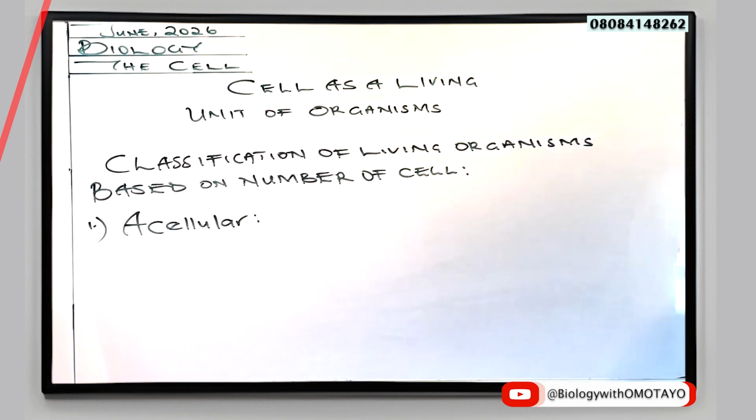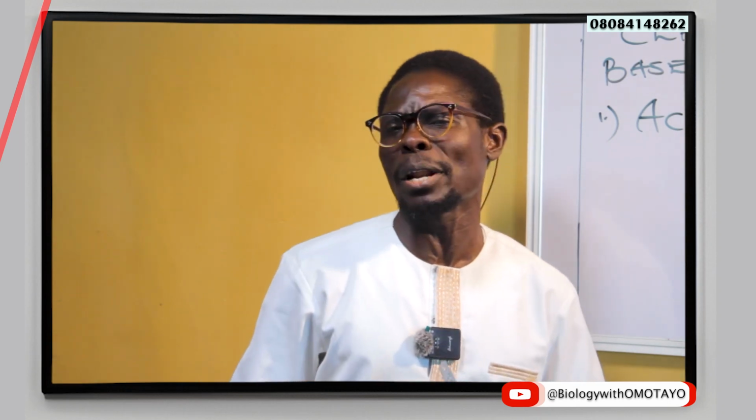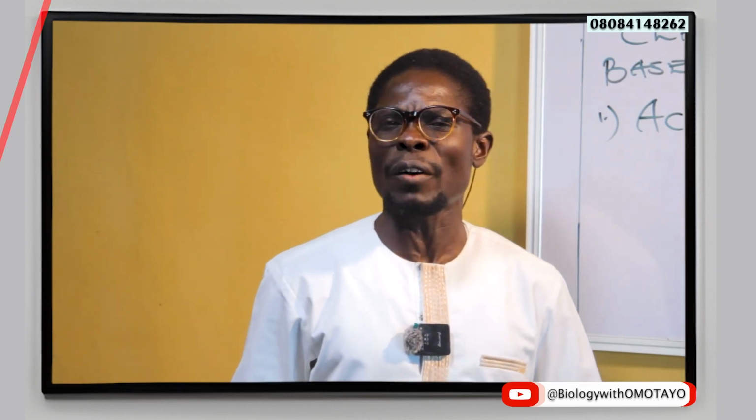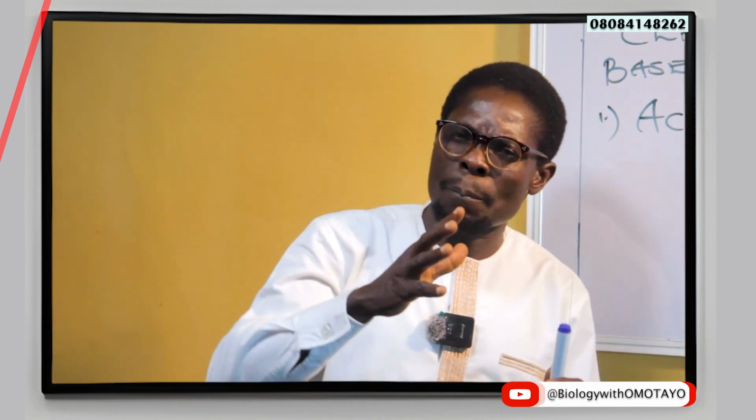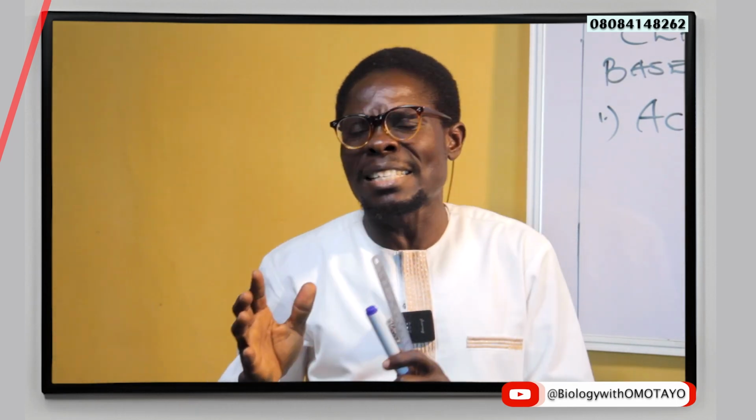One, we have what we call acellular. I repeat, acellular. Acellular organisms are organisms that actually lack an organized cell structure. They cannot really be said to be at a cellular level of operation. Such organisms, in fact, are somewhere in between being a particle and being a cell.